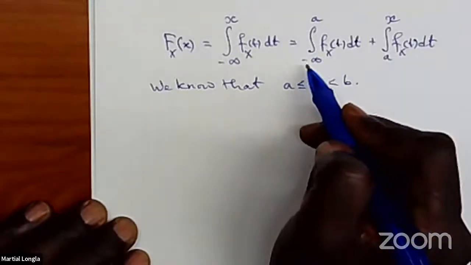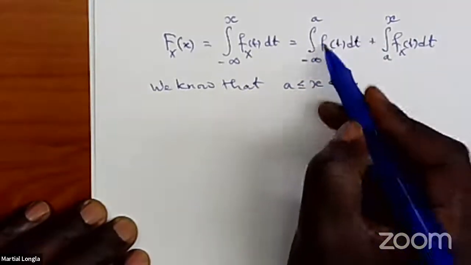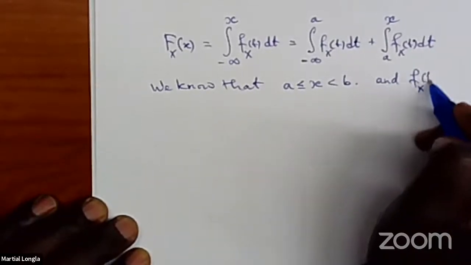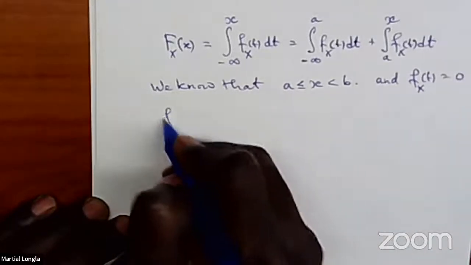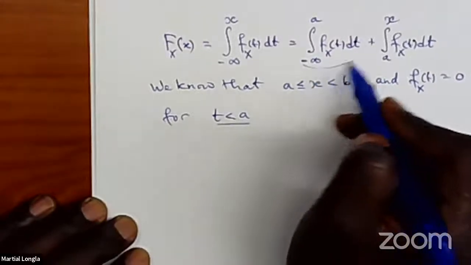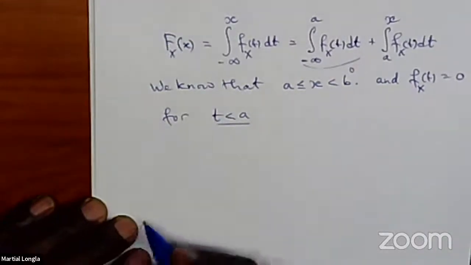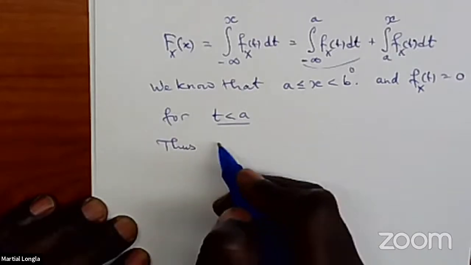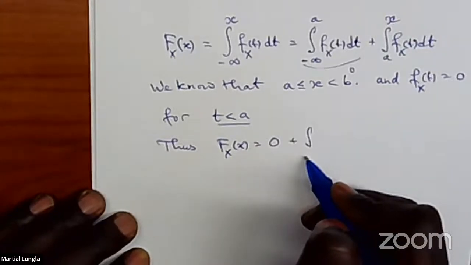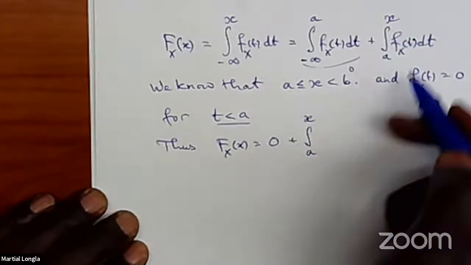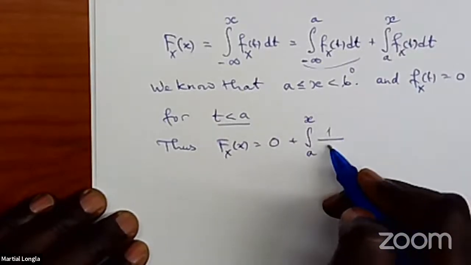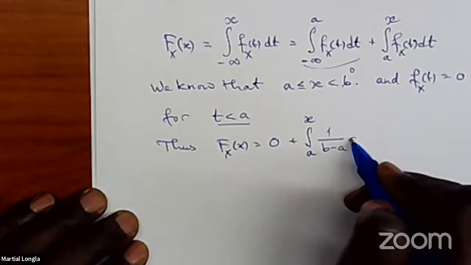So from negative infinity to a, f_X of t equals 0 for t less than a. So this piece is 0. F_X of x is therefore 0 plus the integral from a to x. And between a and b, the little f_X is 1 over b minus a, so dt.